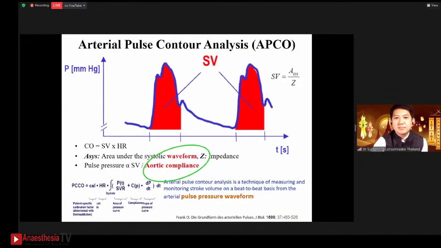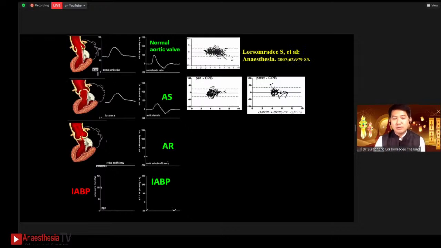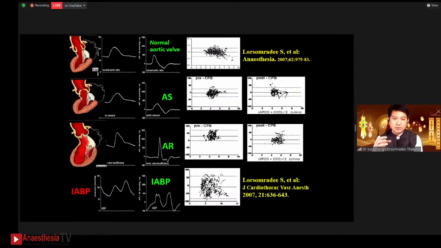The first thing is, in one of my studies, if we change the waveform, for example, with a normal aortic valve, the arterial pulse contour cardiac output correlates very well with the Swan-Ganz. In aortic stenosis, the data also correlate very well. But the problem is, when we use it during aortic regurgitation, the data will be overestimated, because in aortic regurgitation the fluid flows back and forth.